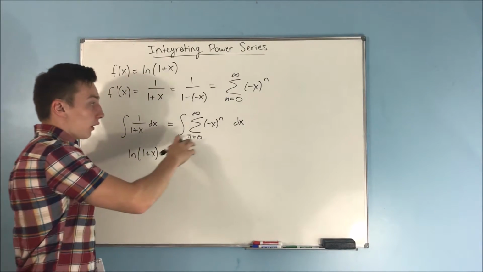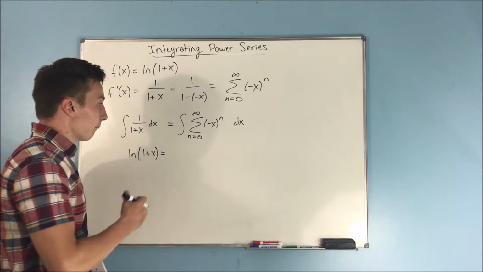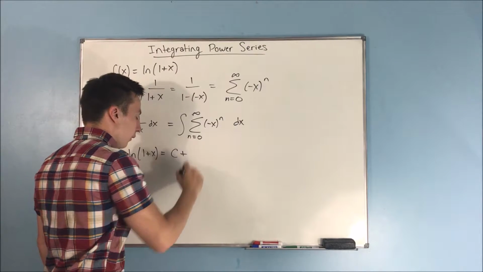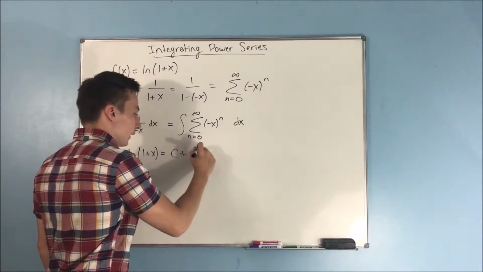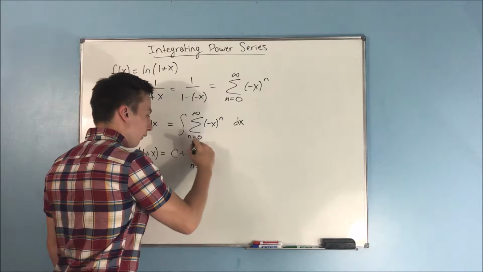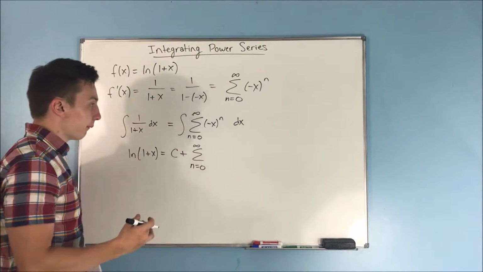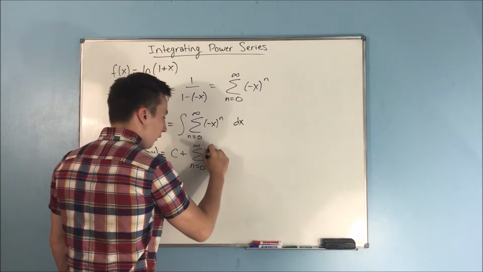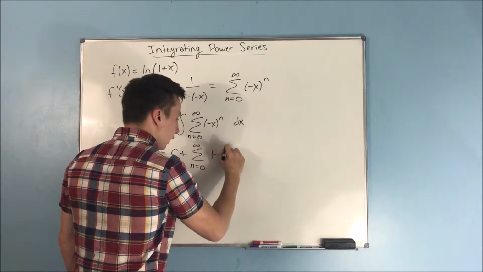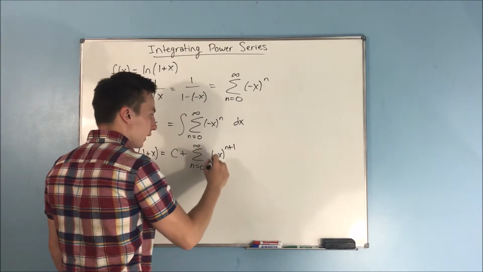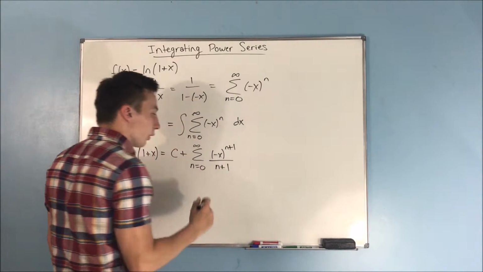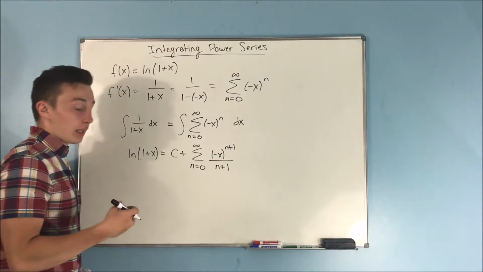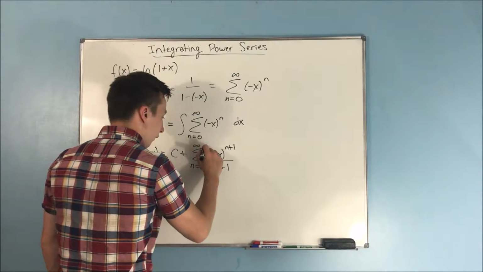Now when we take the integral of this series, what we get is c plus the sum from still n equals 0 to infinity. The index doesn't change. Now you have a negative x to the n plus 1 over n plus 1. But you also are going to have a negative 1 out front because you have a negative x and not an x.